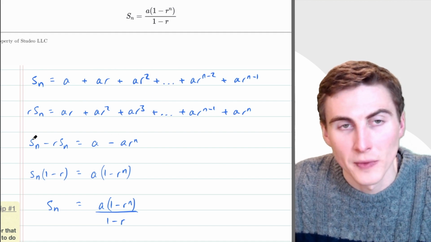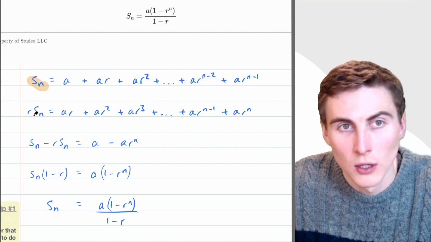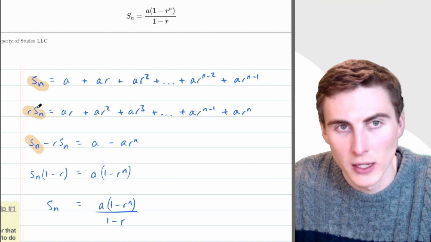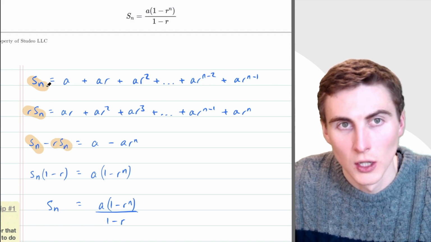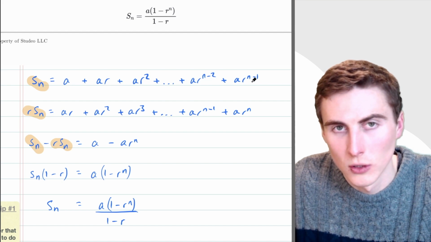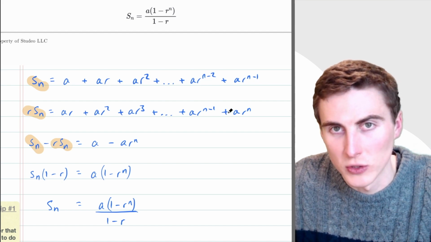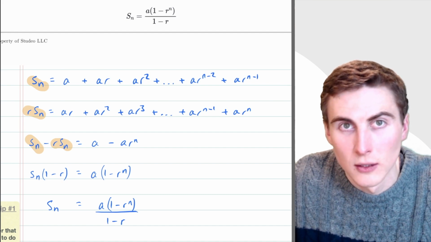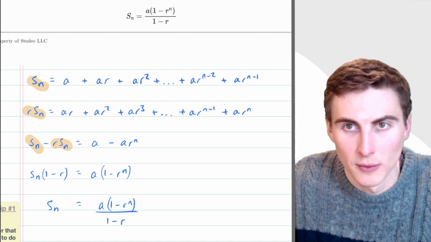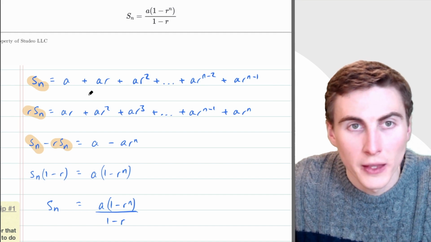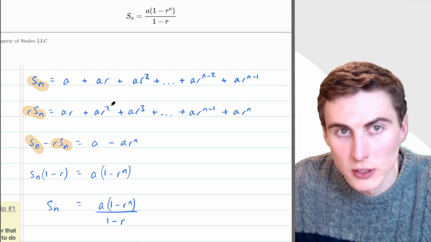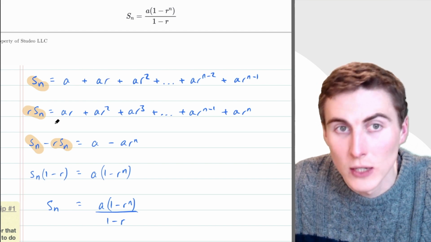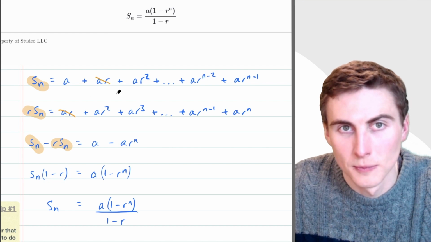Then the important bit is you do this one, take away this one. So you can see I've got Sn, which is this bit here, take away rSn, this bit here. So we're going to do this whole first row minus this whole second row. And the important bit here is what happens when you do that. If I do this row, take away this one, you see I've got an ar here. This ar, take away this ar, would cancel them both out, wouldn't it?